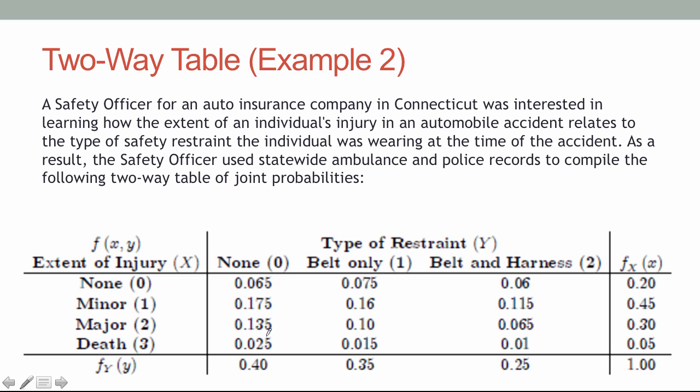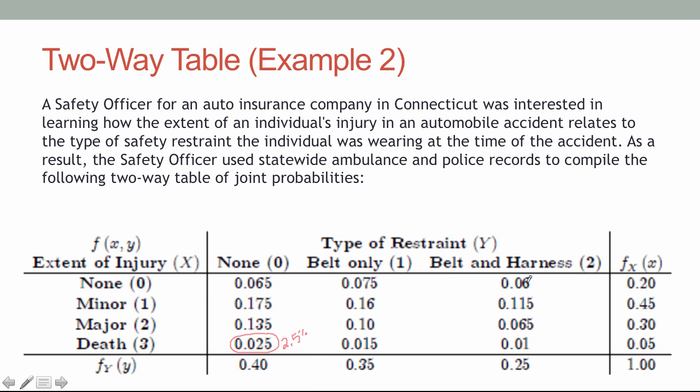So when I read this number right here, this means people that did not wear a seatbelt, they wore nothing, and they experienced death. So what does that number mean? It means out of all the people who drove or were in this survey, 0.025, which is the same as 2.5% of them, died while not wearing anything.